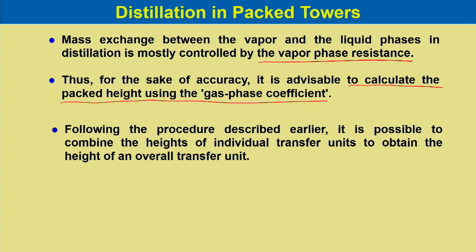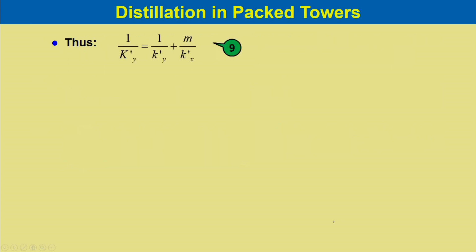Following the procedure described earlier, it is possible to combine the height of individual transfer units to obtain the height of an overall transfer unit. Thus, 1/Ky' would be equal to 1/ky' plus m/kx'.